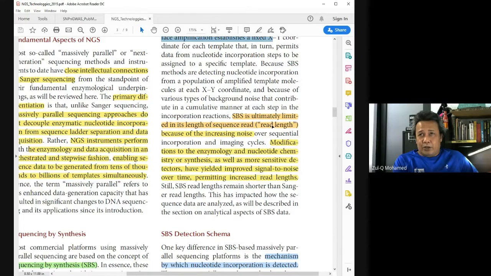Signal to noise ratio is a common ratio used in many fields if you want to gauge whether whatever technique you have is actually accurate. Signal to noise means which one is true signal and which is actually noise.